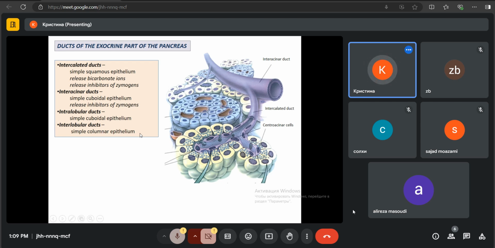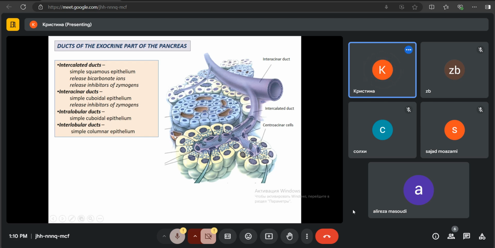epithelium. It means that when we go from the secretory portions to the duct leading to duodenum, only the height of the cells increases. So at first the cells are flattened in intercalated duct, then the cells become cuboidal in interacinar and intralobular duct, and finally the cells become columnar in interlobular ducts.